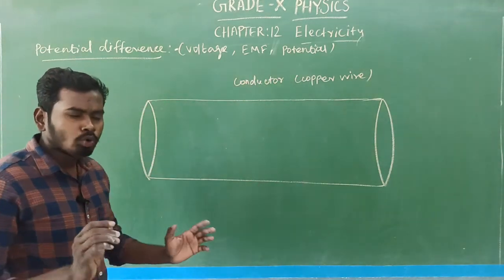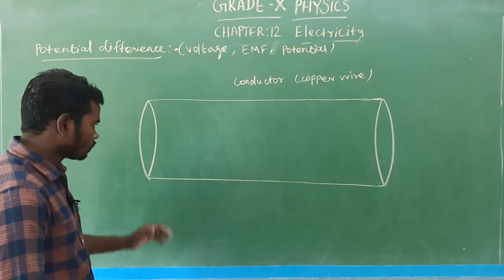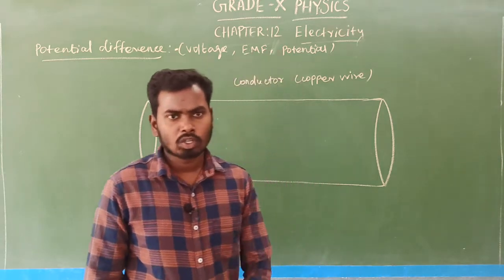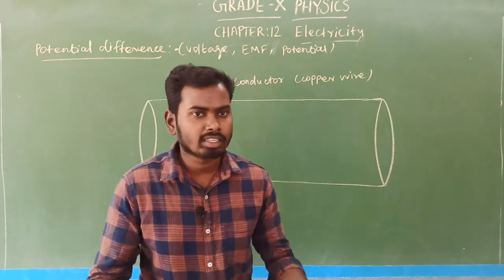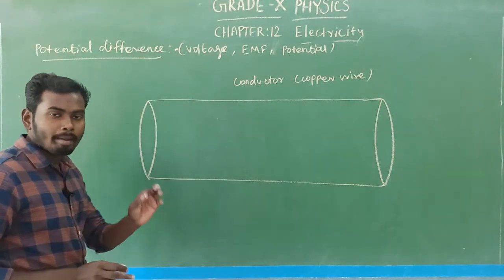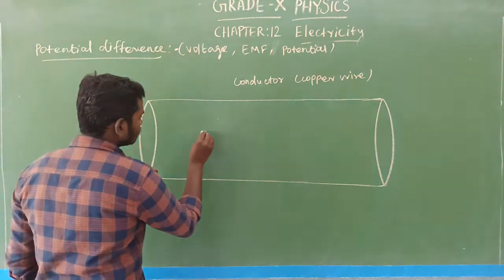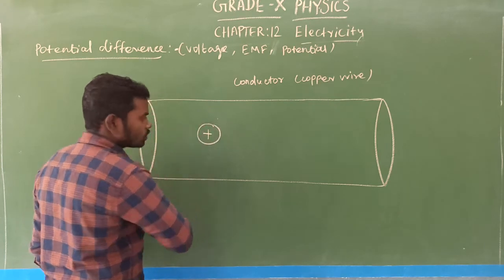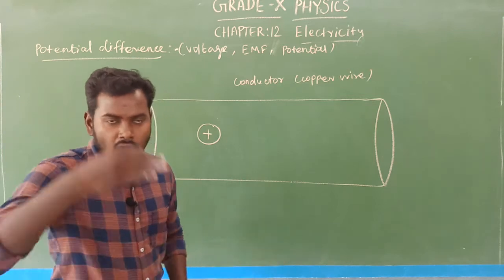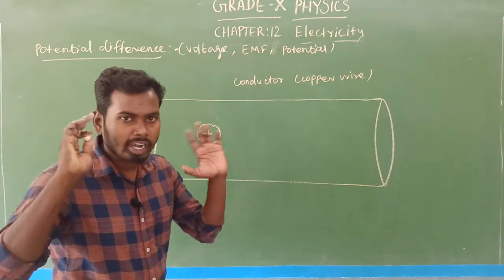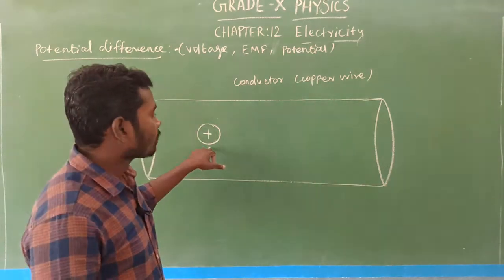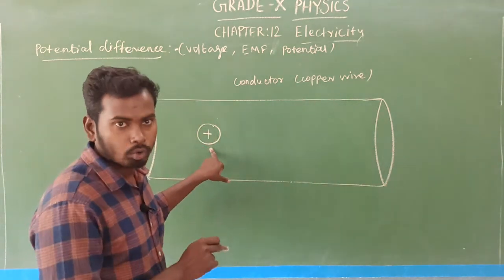Copper is one of the very good conductors of electricity. In a copper wire, so many charged particles are there: electrons, protons, so many things, isn't it? Consider the same positive charge. Here you can take either positive charge or negative charge, no problem at all. You might ask, sir, flow of electrons is called current, so why have you taken a positive charge? See, for example, I have taken it, no problem at all.